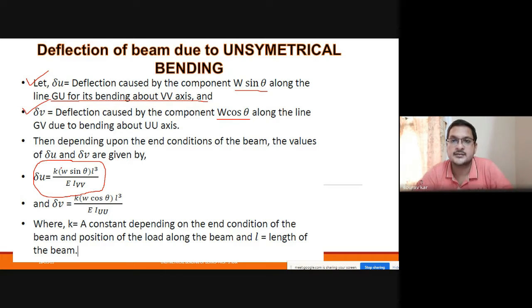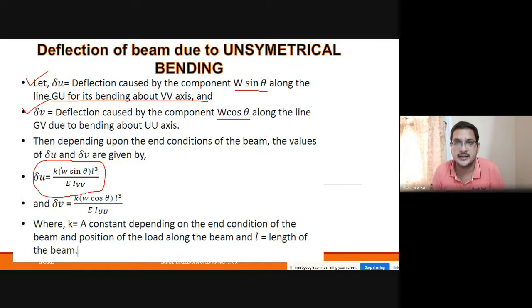If you remember the chapter on slope and deflection from strength of materials, or if you learned Structural Analysis 1, we learned slope and deflection for determinate structures like simply supported beams and cantilevers, using various methods.